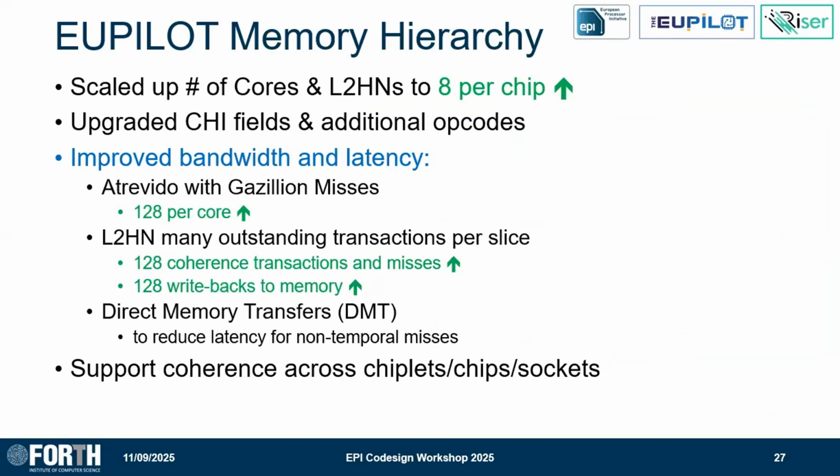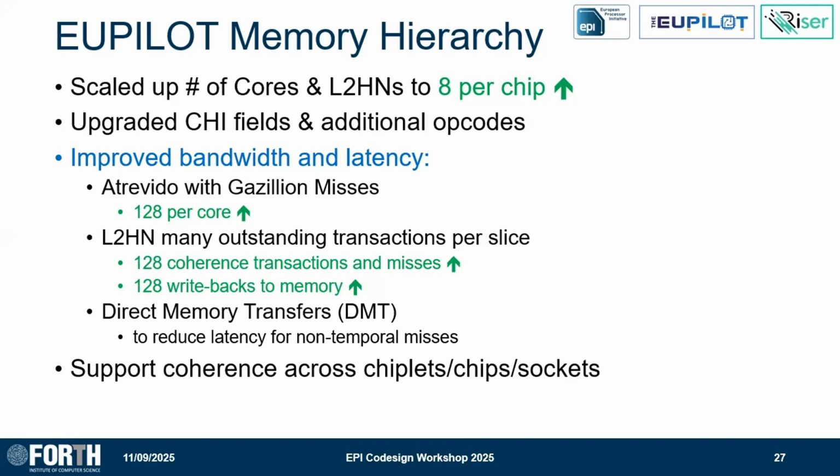Instead of 4 cores, we have 8 now per chip. Newer and more optimized operations via CHI and by adopting new versions. And now it's improving bandwidth and latency. So it's an Avispado with a gazillion misses, 128 outstanding misses from the core. The L2 got more outstanding transactions per slice, 128 coherence transactions of misses, plus 128 writebacks to memory, plus some things about I/O.